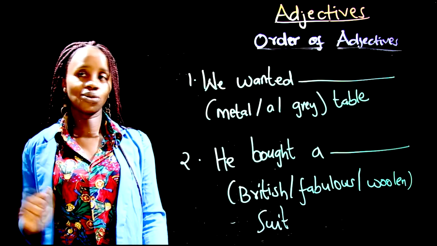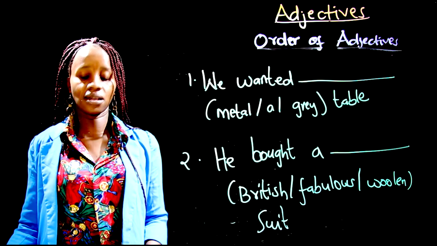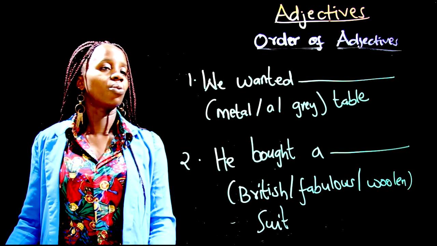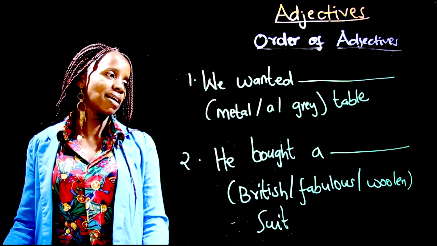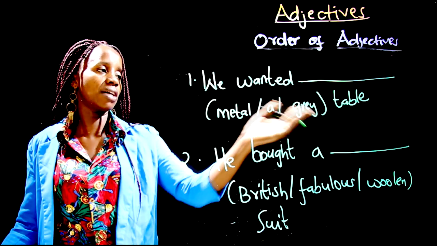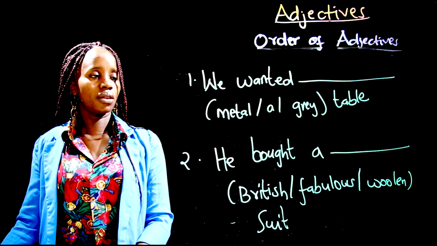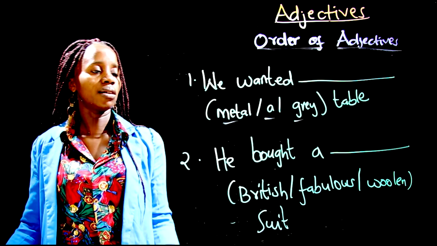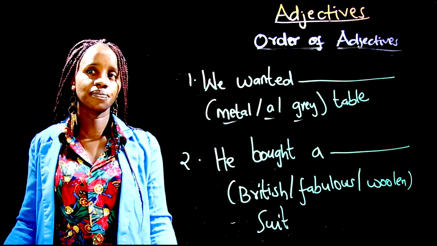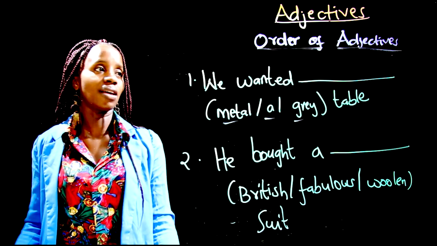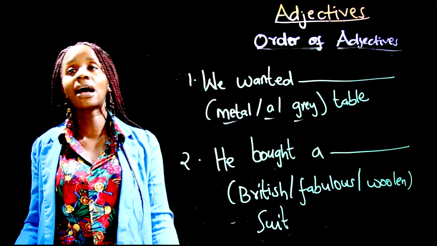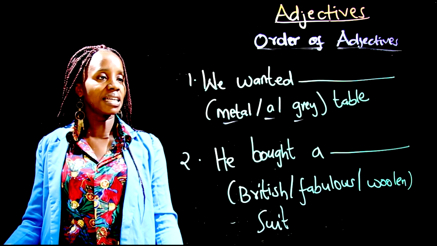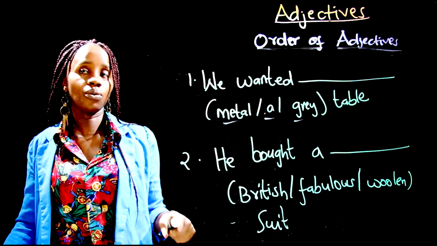Let's look at these two examples to test ourselves. One: we wanted dash table. The words are metal and gray. Which one do you think is the answer? Let us remember the order of adjectives. Definitely the determiner will come first.